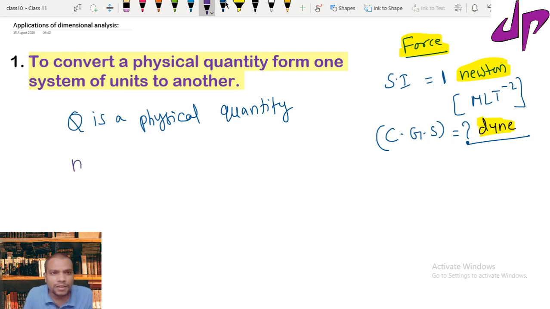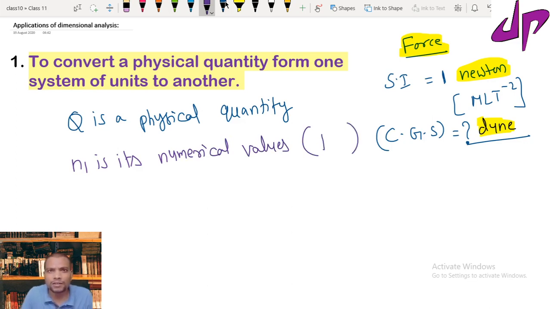If N1 is its numerical value, meaning how much, here I have taken 1, so 1 is its numerical value.